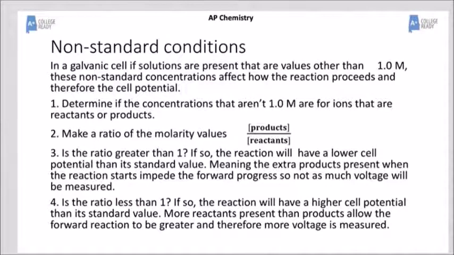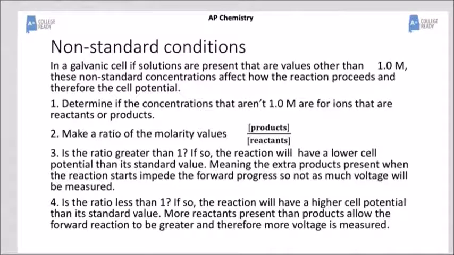Brackets mean molarity, so whichever ion is a product, its molarity would go as the numerator in this ratio, and whichever ion is a reactant is going to go as the denominator. What you're really looking for here is: is this ratio greater than 1 or less than 1?